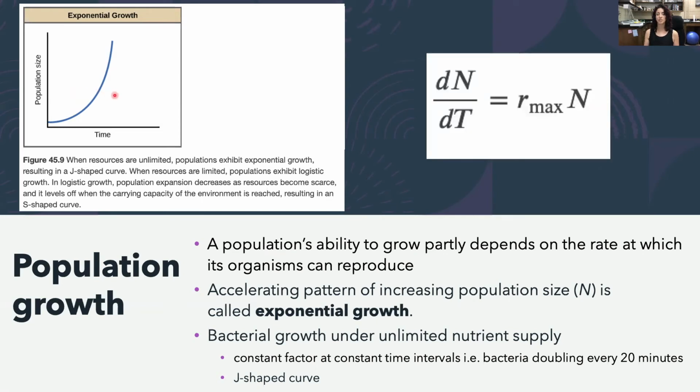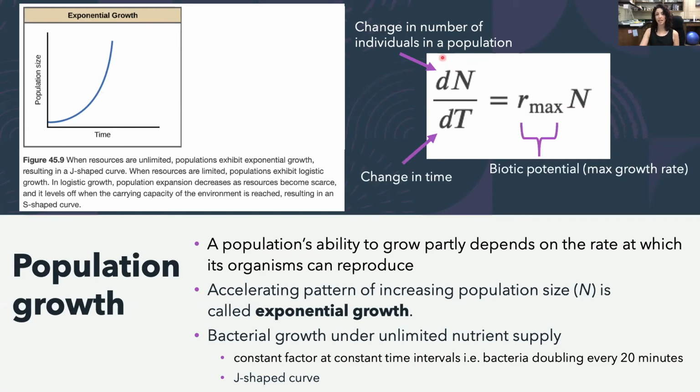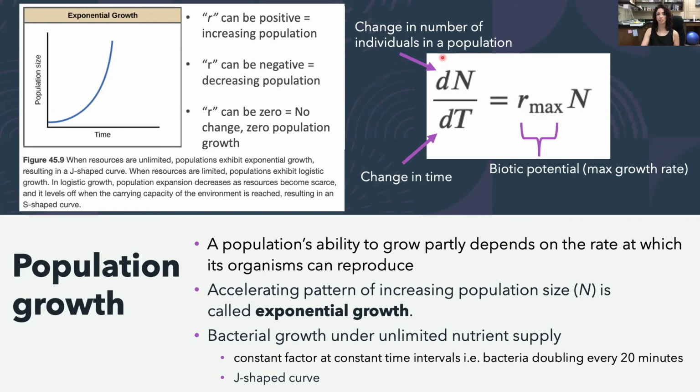And we can define in mathematical terms the rate of population growth as the change in the number of individuals in the population over the change in time, equals the biotic potential or the maximum growth rate multiplied by that population size.